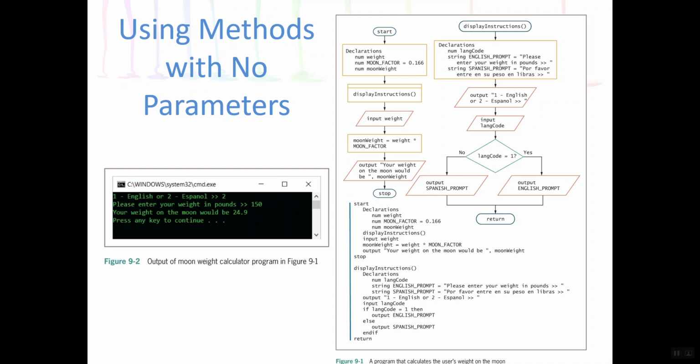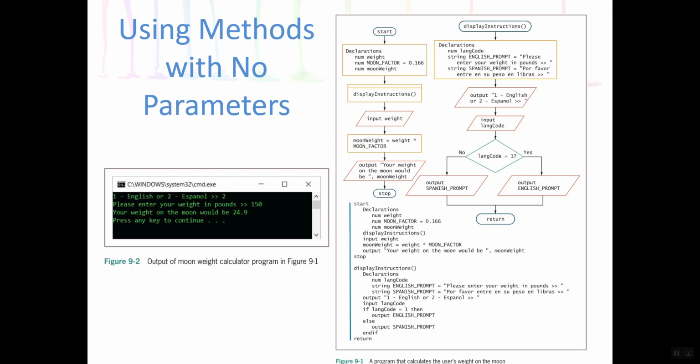But since we want to illustrate how we can break this up into a main method as well as a second method, we're going to take a look at this. Now in particular, we want to be able to support both English and Spanish as our prompt to ask the user for weight.